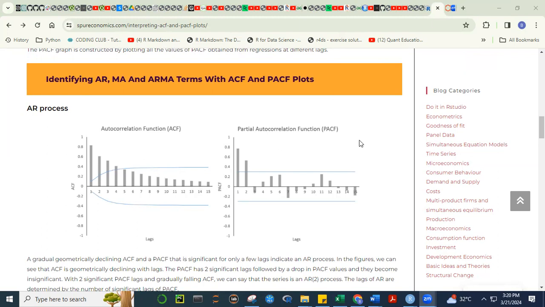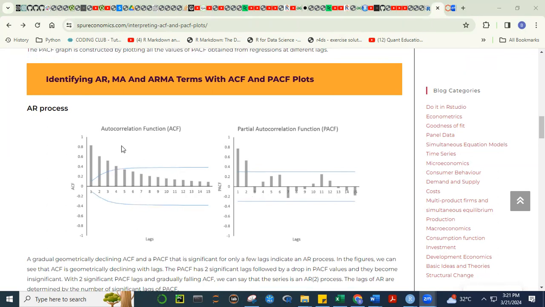However, in the partial autocorrelation function, in the regression model, lag 1 is significant, lag 2 is significant also. Anything above this blue line, class, are significant correlations. So lag 1 and lag 2 are significant, the rest is not.